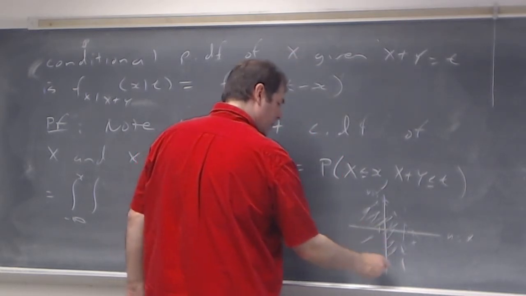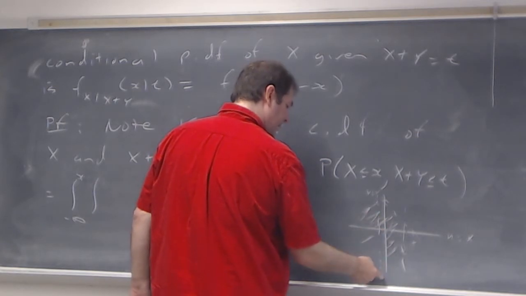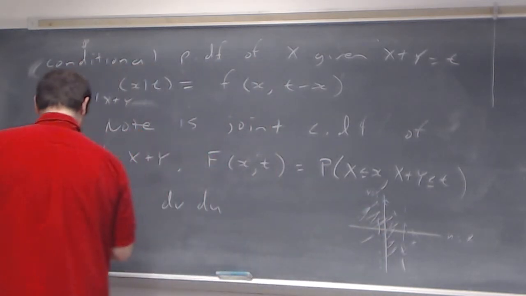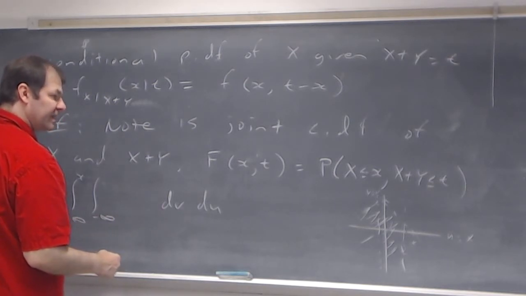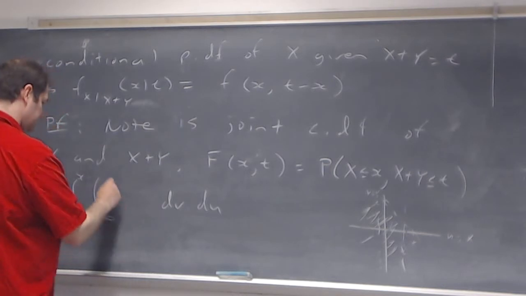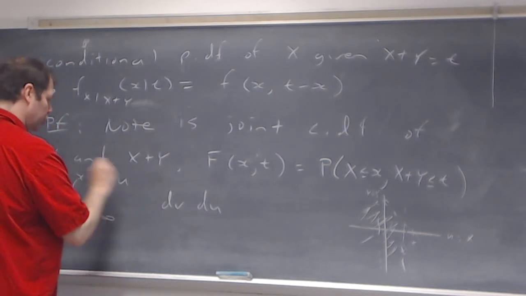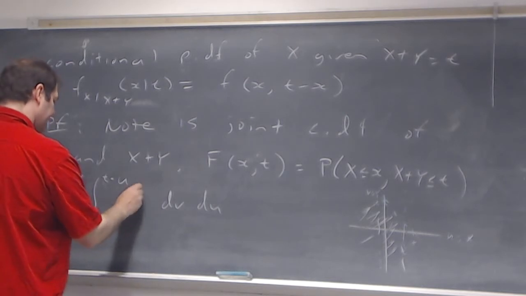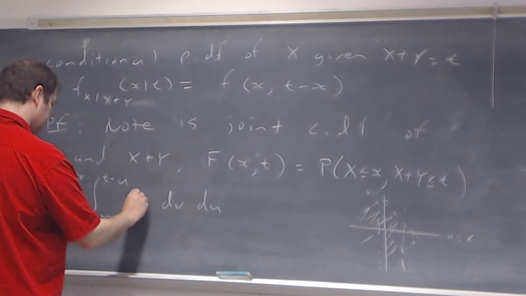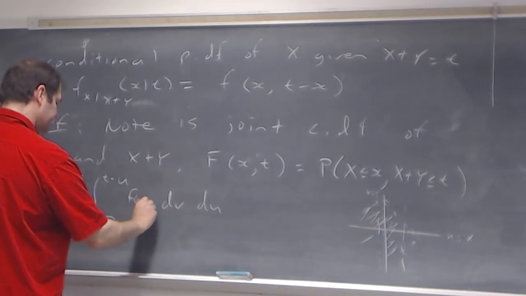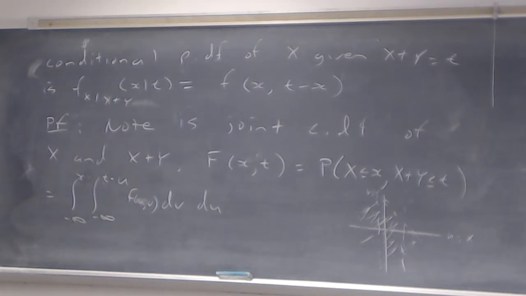For any fixed x value, the v values will run from minus infinity up to this line. That line, the way we're writing it in terms of u and v, is going to be t minus u. And then we would have f of uv, where f is the joint PDF of x and y, or u and v. Okay? That's what we have.